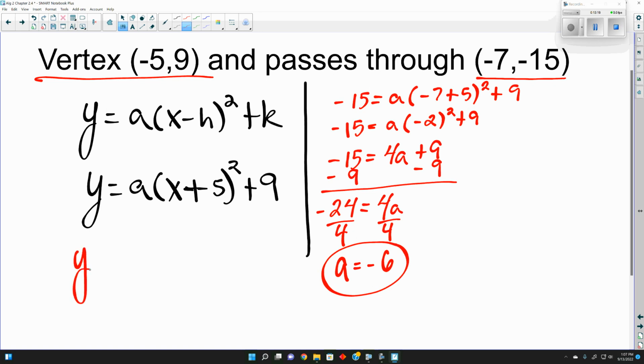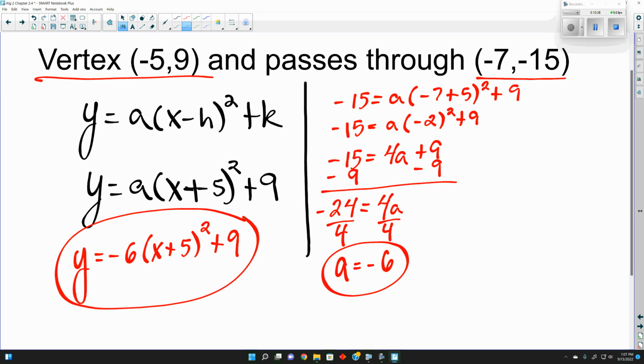Plug it back in, it tells us Y is equal to -6 times X plus 5 squared, plus 9. Questions on this here? Not too bad. We're ready for the next one.